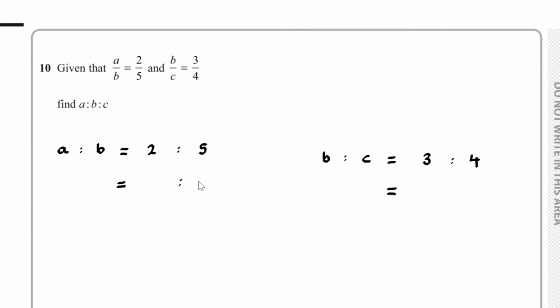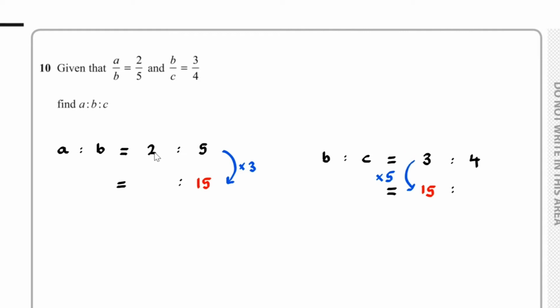So if I have a 15 here and here, then to go from the 5 to the 15, I multiply by 3, and then from the 3 to the 15 I multiply by 5.